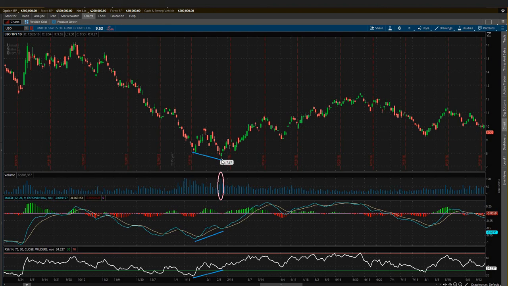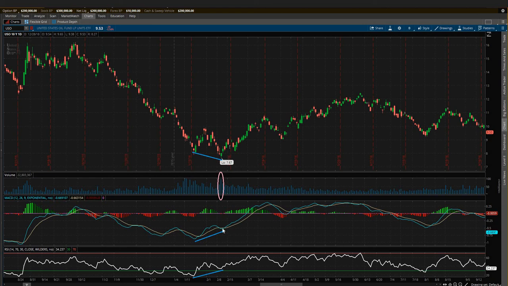You can see here, it's not a terribly long wick, it's more apparent on other charts, but it's still present here, and it's very significant, especially when you line it up with a big spike in volume that day. Generally, people consider that to be what's called a selling climax, where you get a lot of selling intraday, but then at the end the bulls close it out, which is exactly what you see here.